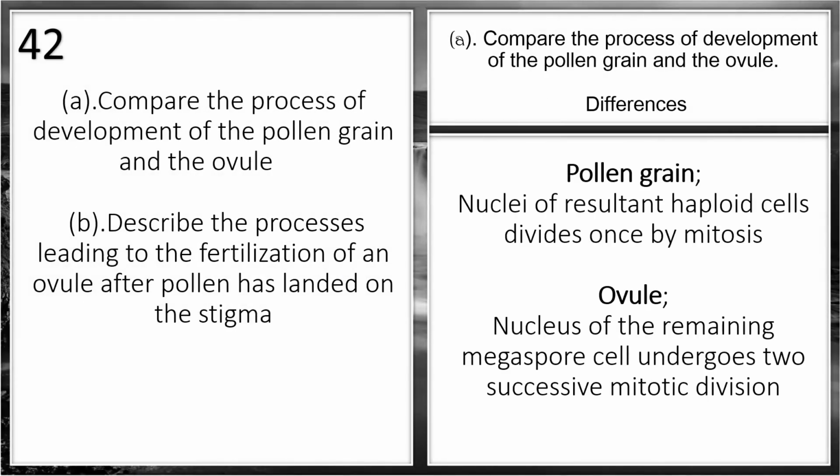In pollen grain, the nuclei of the resultant haploid cells divide once by mitosis. In the ovule, the nucleus of the remaining megaspore cell undergoes two successive mitotic divisions.